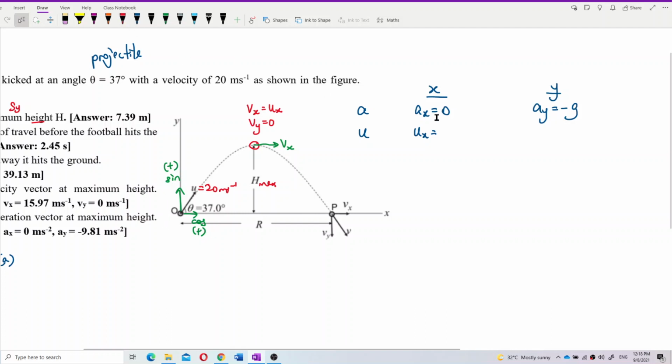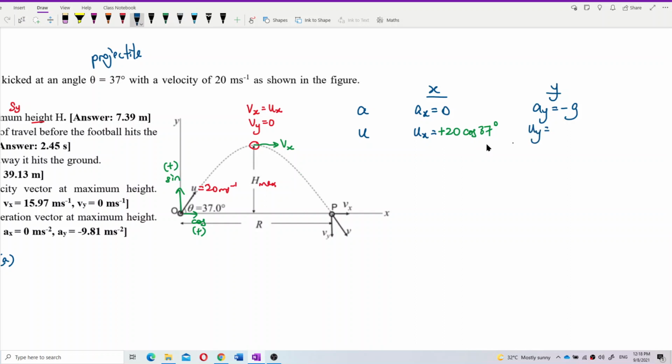Now let us write down the information here. Ux is positive, and u is 20, using cosine 37 degrees. Make sure you change your calculator into degrees, not radians. Now how about uy?